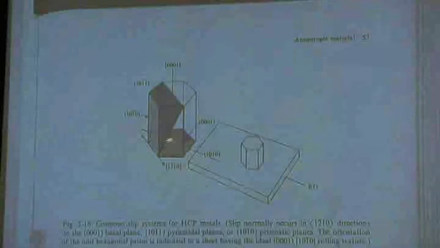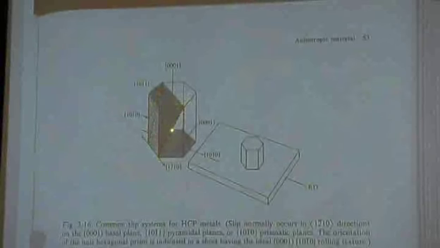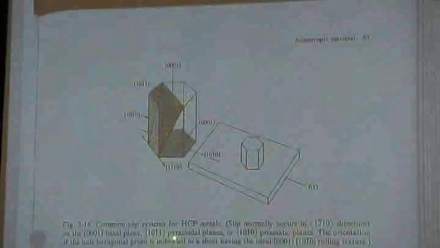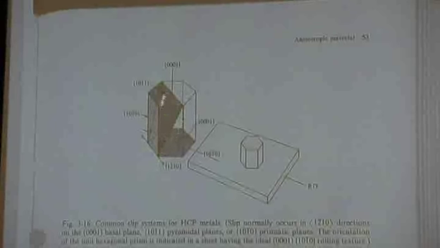I'll show you that in a second. You can deform on the basal plane, the prismatic plane, or the pyramidal planes. So you got a plane here, you got a plane here, this angular face plane in here and the basal plane. So you have three different potential twinning planes.